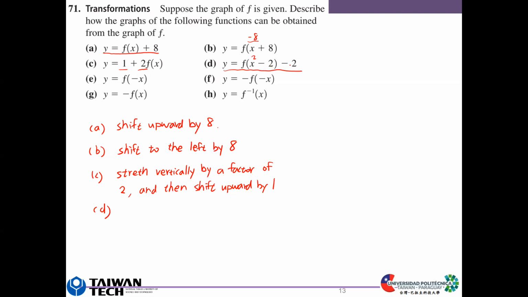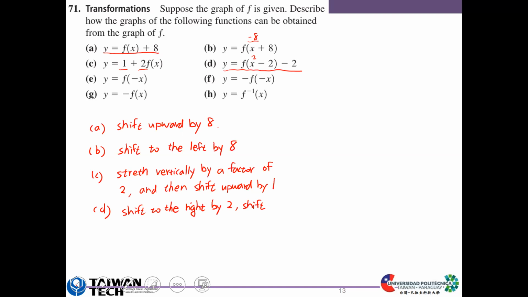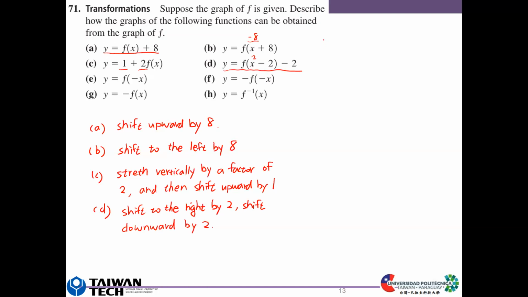And since it's -2 here, it is shifted to the right by 2 and shifted downward by 2.